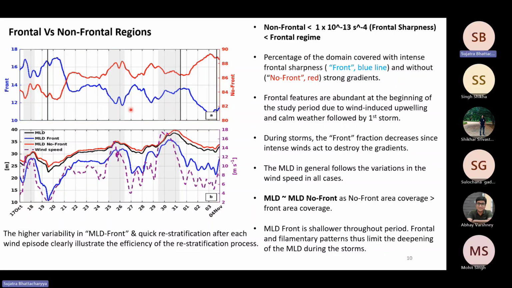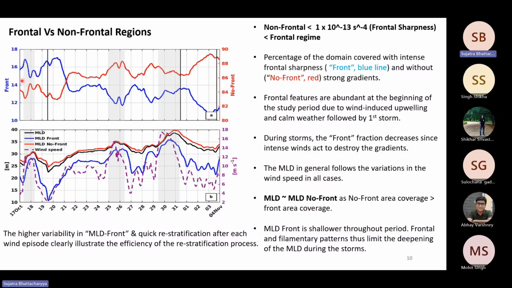To check this more clearly, they have divided their region into a frontal region and a non-frontal region. They have taken this criterion: if frontal sharpness, or lateral gradient of buoyancy, is lesser than this quantity, it is considered non-frontal. If it is more than that, it is considered a frontal regime. Based on that, they checked the coverage within that red box.